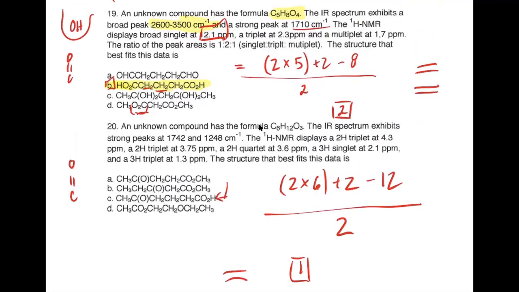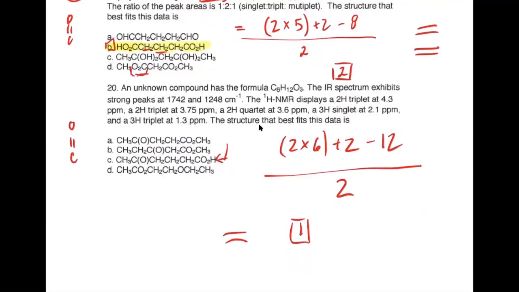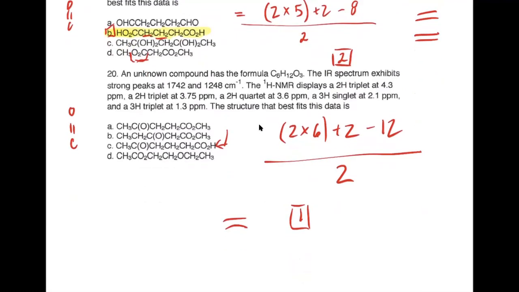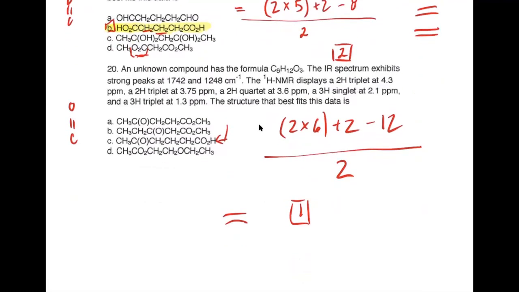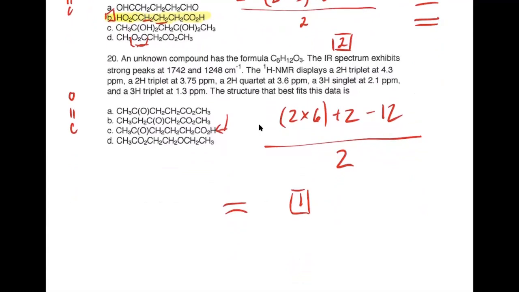It's a little bit higher wave number in comparison to the last one, but it's still in the carbonyl region, and it says that it's strong. If you see S beside it on your table, that means strong. And you'll see medium, and 1242 is variable. Is that an ester, and then an ether?